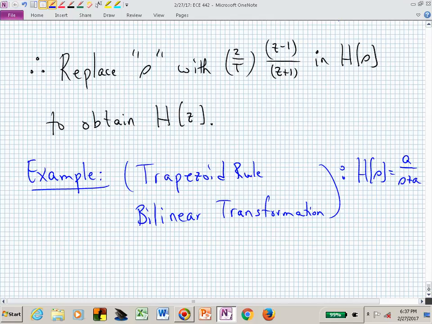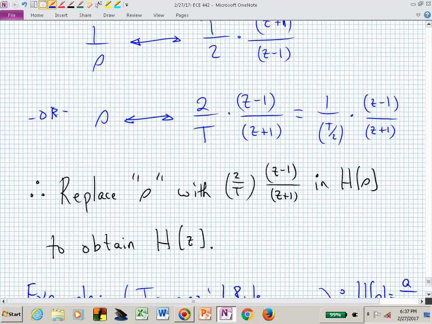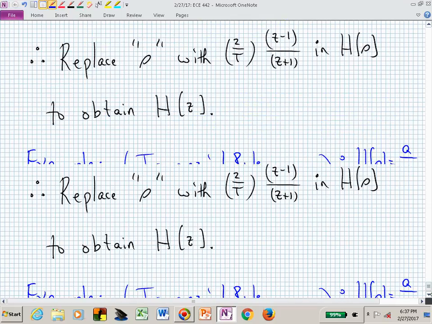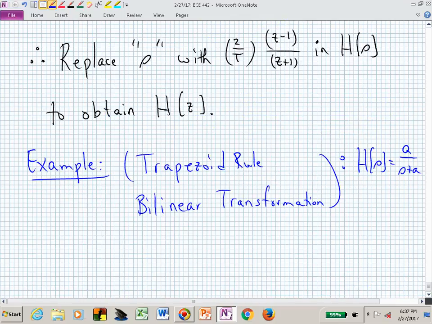Bilinear, why does it say bilinear? Well, you have linear, and then you have bi, and you put those two together. Bi means what? 2.